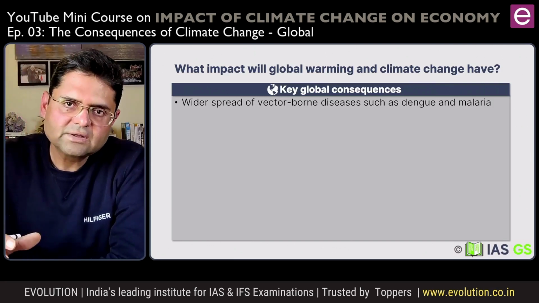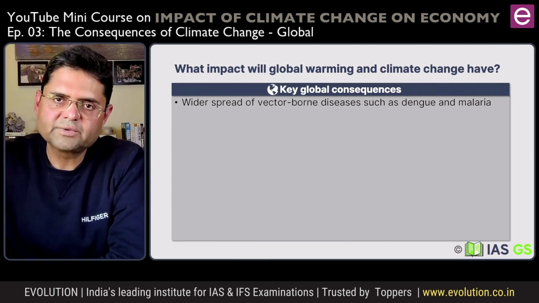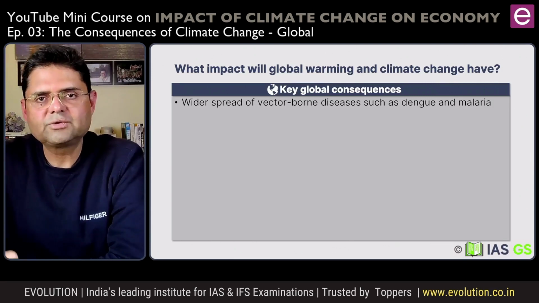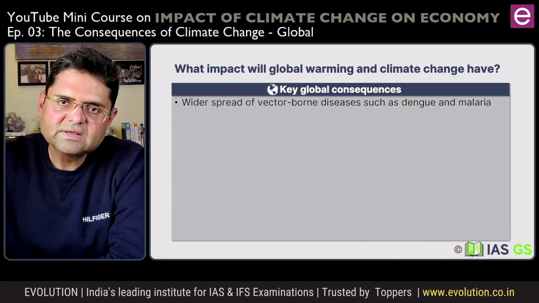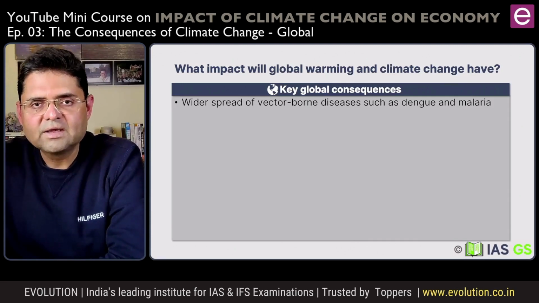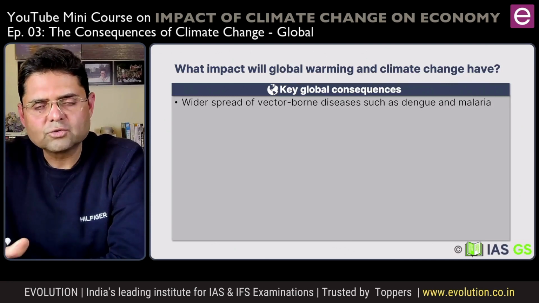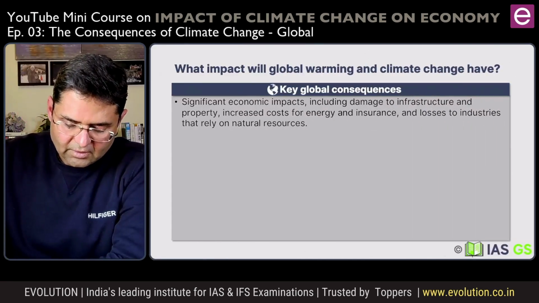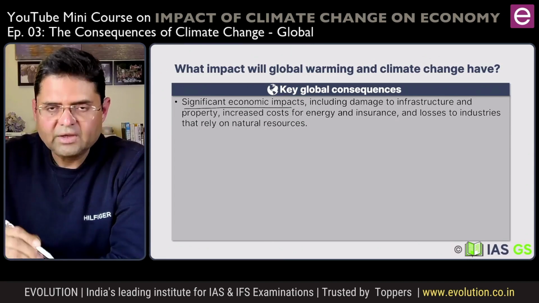Now we are seeing in Western Europe and Northern Europe the temperature being warm enough to allow mosquito breeding. And if mosquitoes increase in number, then vector-borne diseases will also be seen in these countries. So that is an indirect impact on human health, apart from the direct impact of high temperature or snowstorms and all. Apart from that, there is going to be significant economic impact.